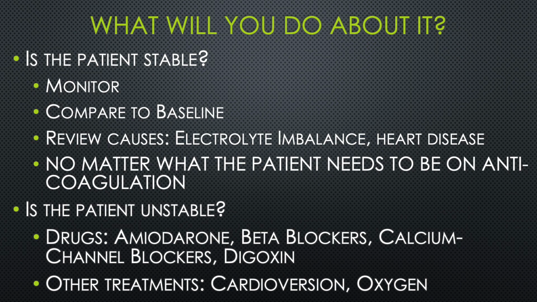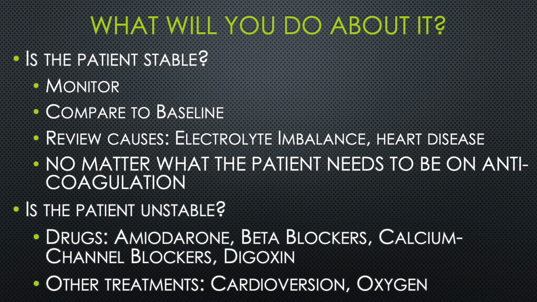Our goal for a patient in AFib or flutter is to convert them. If we can't convert them, we want to bring that rate down to a stable rate so that their heart has the best chance of getting adequate cardiac output. It's all about that tissue perfusion. If they're stable, we're going to monitor them, of course, compared to baseline. What's their normal rhythm and rate?